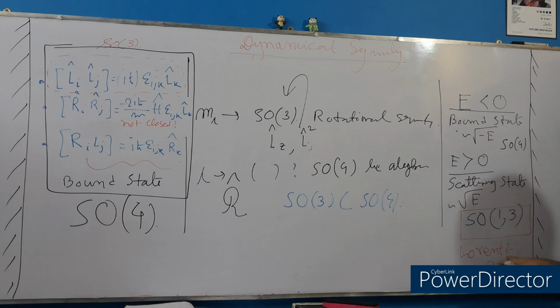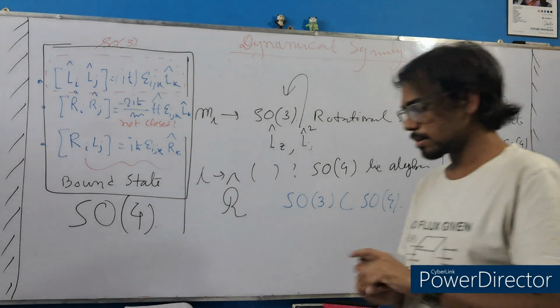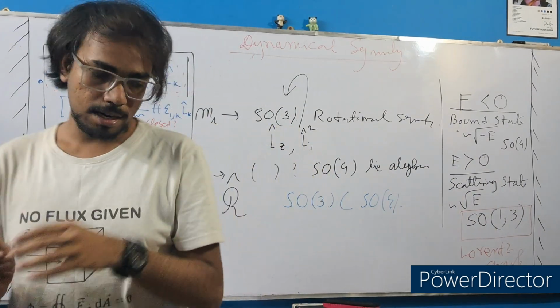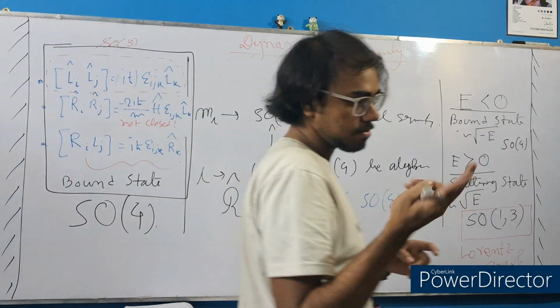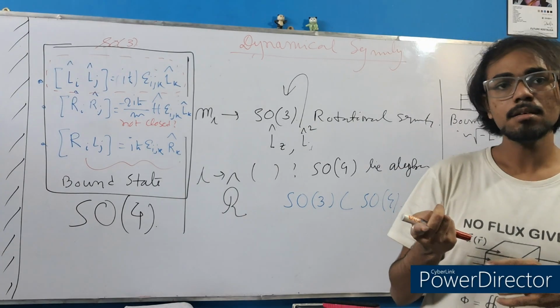I may have written the spelling wrong, but it is called the Lorentz group, SO(1,3). So SO4 and SO(1,3) are related when you are talking about the hydrogen atom, and you can switch back and forth between the scattering state and the bound state.